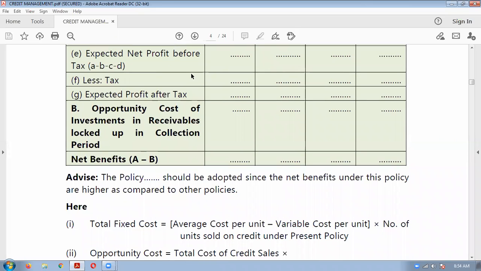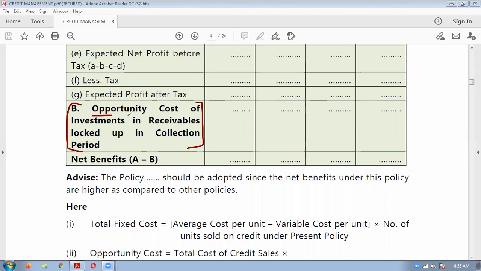See, opportunity cost also we have to take into consideration, which we have already discussed. Opportunity cost means the cost of foregoing an alternative opportunity. If you are giving goods on credit, you lose opportunities of investing that amount. The interest which we are foregoing, you should consider for your decision making.